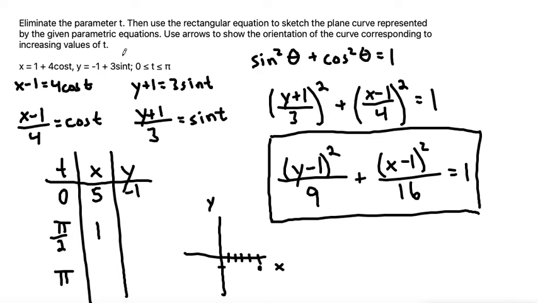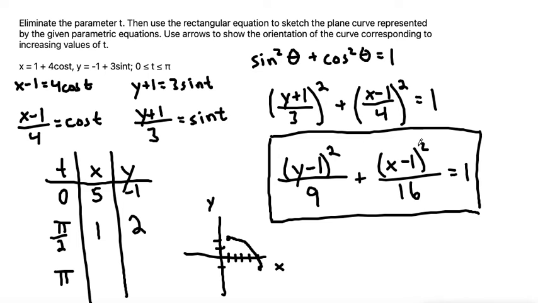So that would be 1 times 3 is 3, minus 1 is 2. So when x is 1, y is 2. Let's graph that. We know it's an ellipse shape, so it's going to be a fairly smooth curve. This looks something like that.